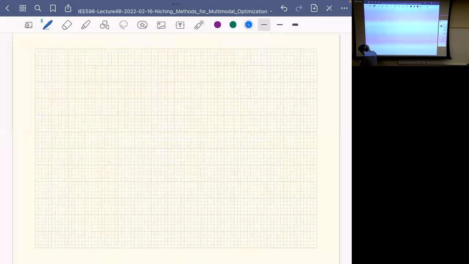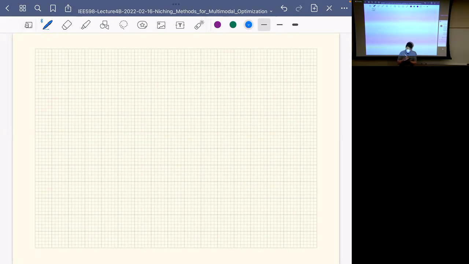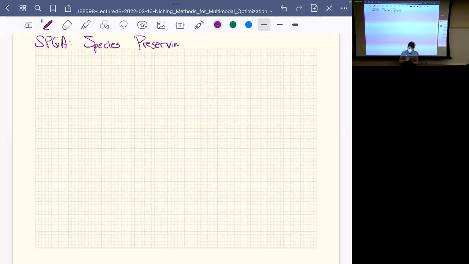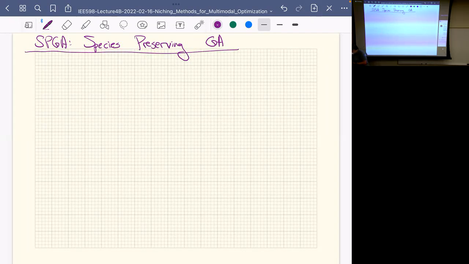All right, so the last one I want to mention, which is a more recent approach, is the SPGA, or the species preserving genetic algorithm for multimodal optimization. In this case, we define some distance hyperparameter again, that we'll call a species distance.